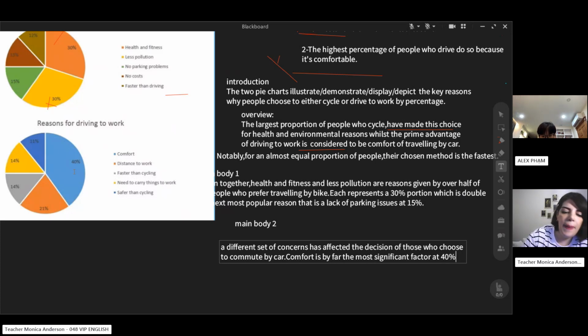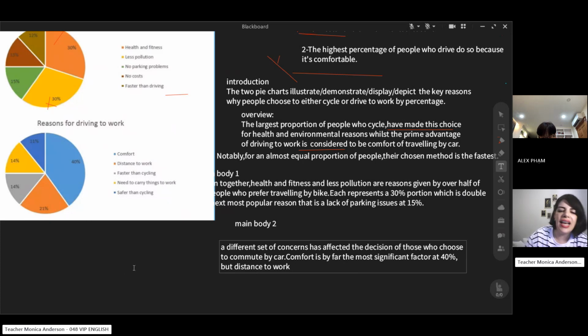And the second one, distance to work, is another important concern.